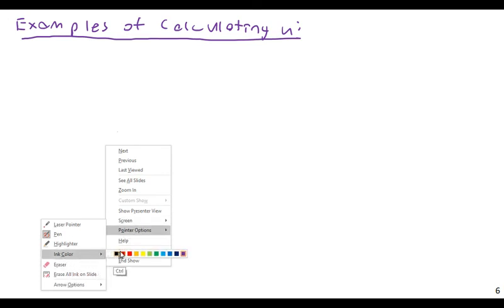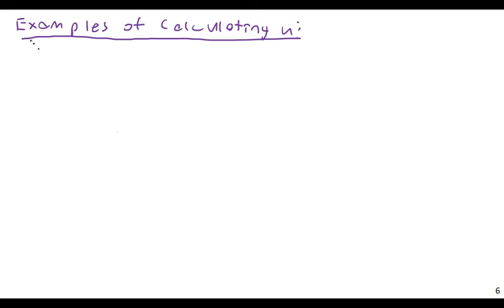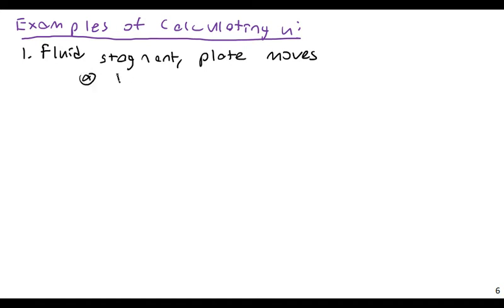These are just going to be different scenarios. First example: fluid stagnant, plate moves at, let's say, V equals 30 feet per second. Well, this is easy. This is just U equals 30 feet per second. Very simple. Trivial.